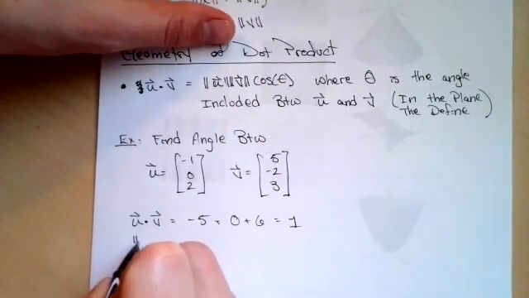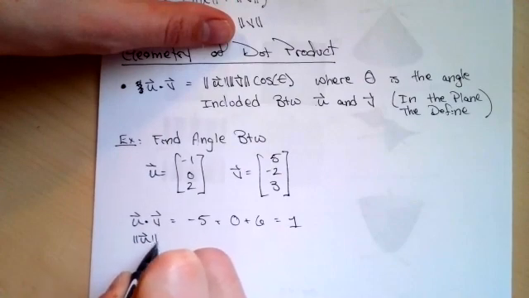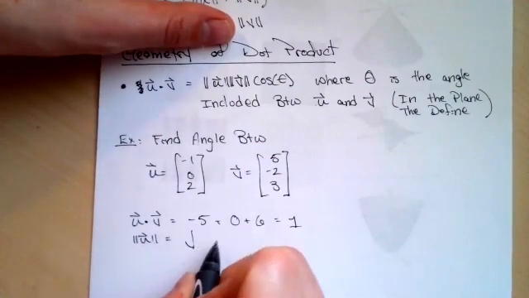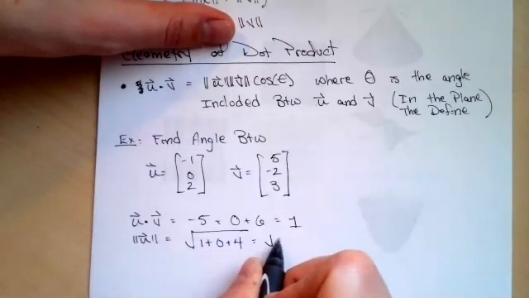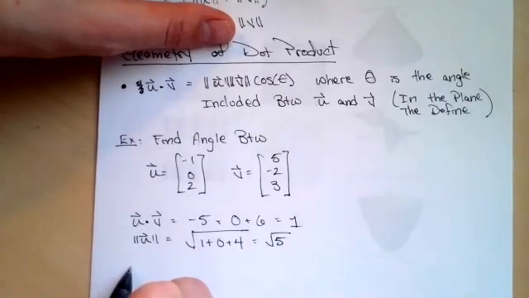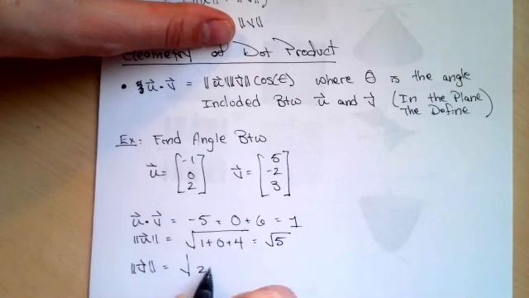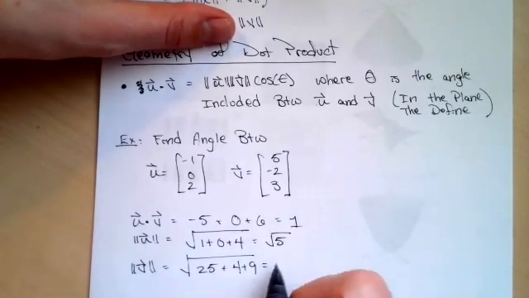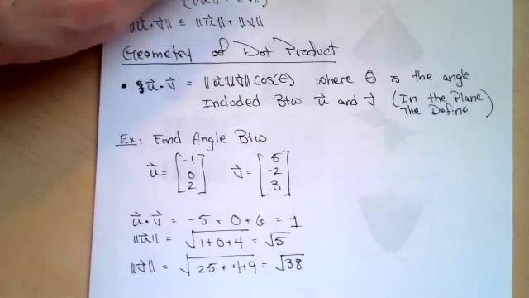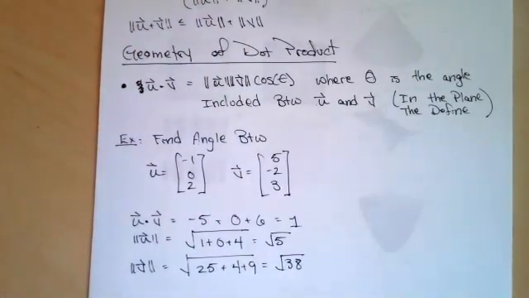We need to compute the norm of each vector, and then we just plug them into our equation.